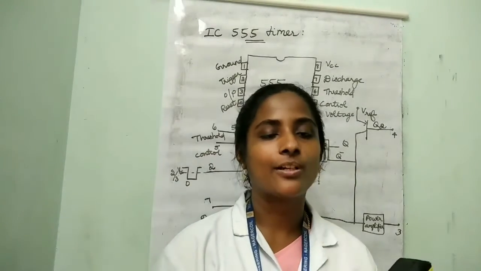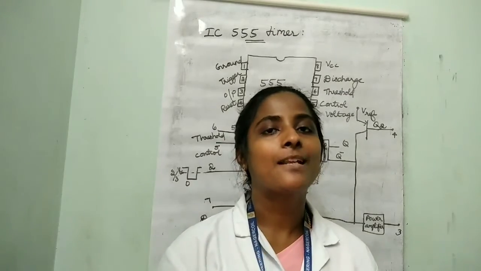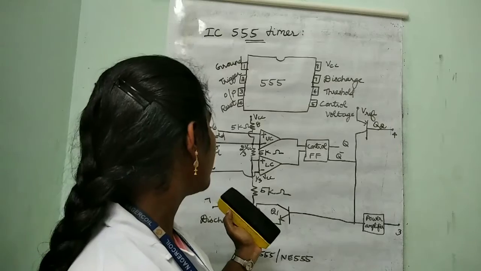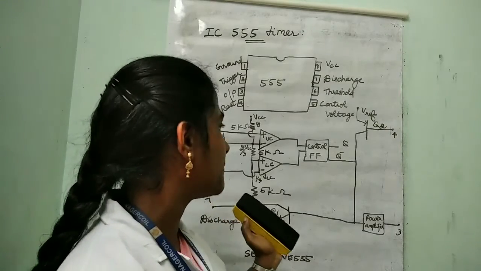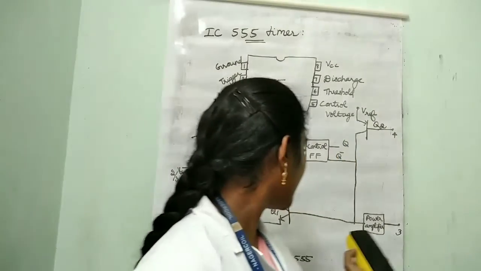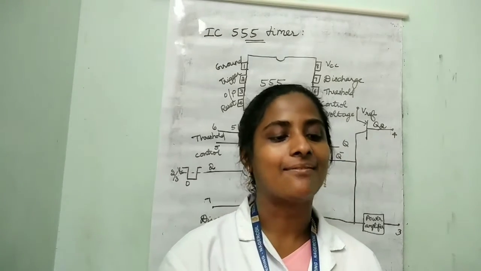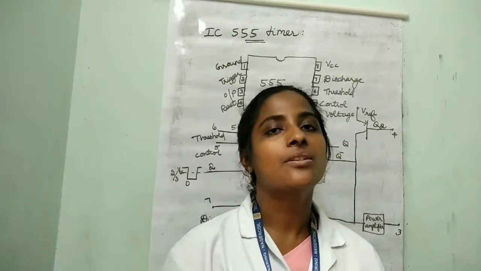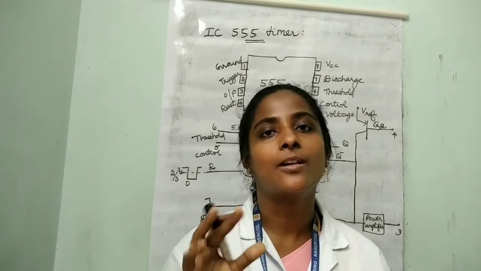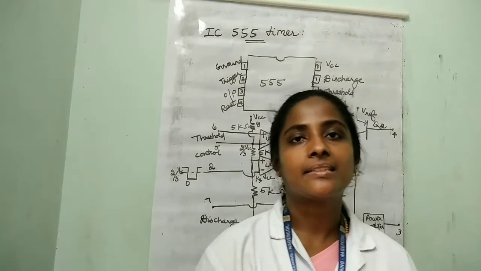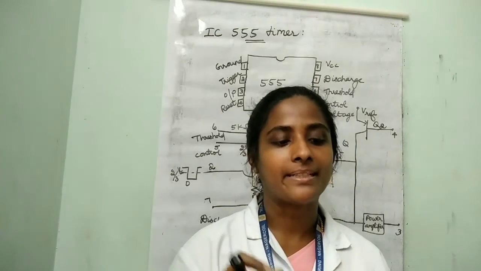When a negative going trigger pulse is applied to pin 2, the DC level falls below the threshold voltage of 1/3 VCC.